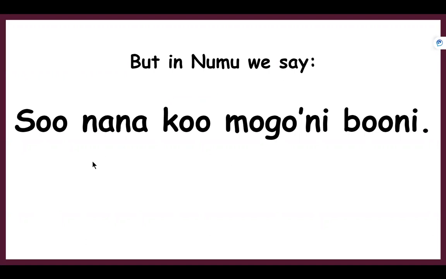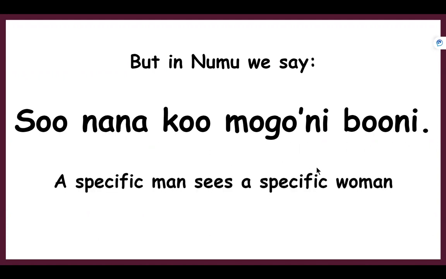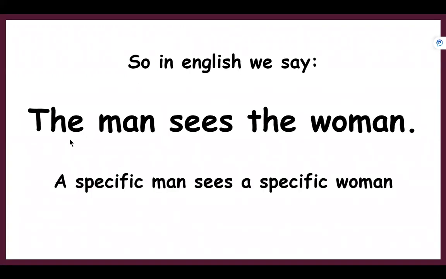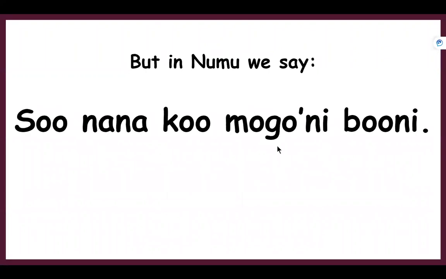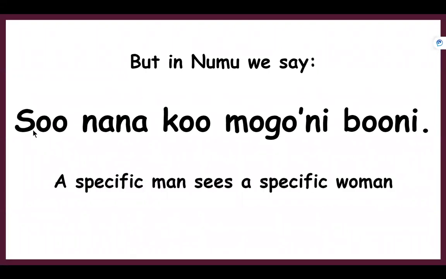But in Nima, we say, sunana kumogotni bunni, which means a specific man sees a specific woman. So the su and the ku act very much like a the, like we have here, the man, the woman. But in Nima, su designates the subject, while the ku designates the object, the one that sees versus the one which is seen.